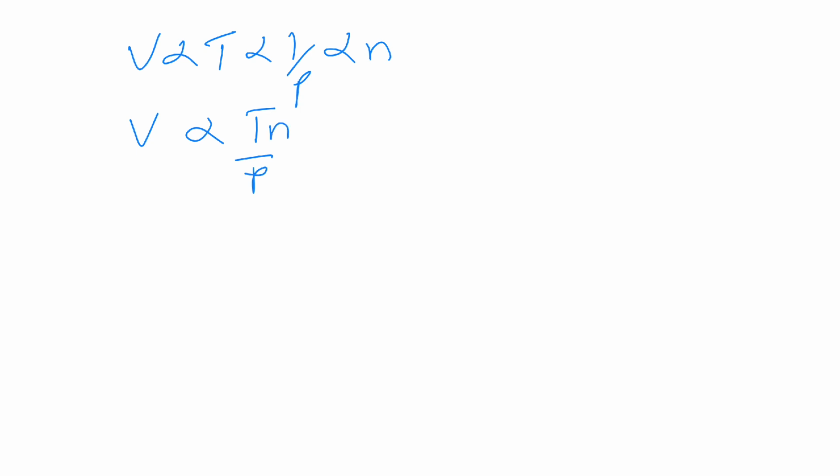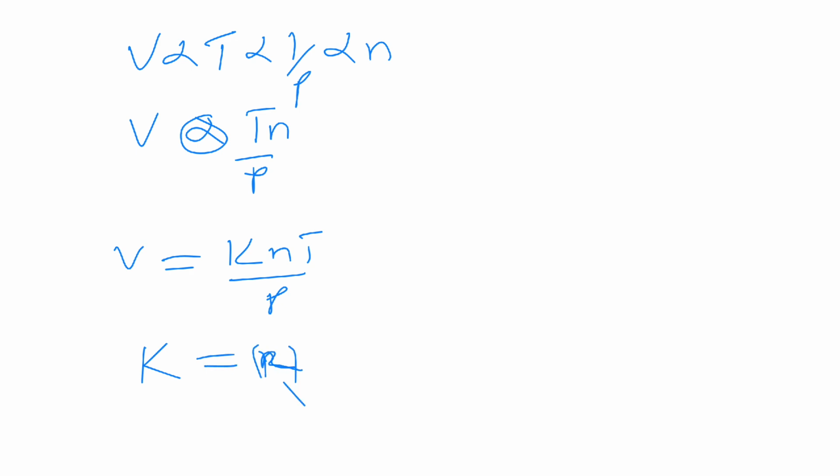After that, now we're going to remove this proportionality. As I said previously in other discussions, when we remove the proportionality, we introduce a constant. So it will be volume is equal to constant times nT over P. But understand here, when you put this constant here, we don't call it K, we call it R, which is a constant.